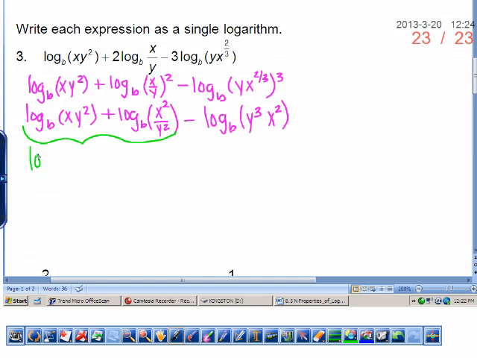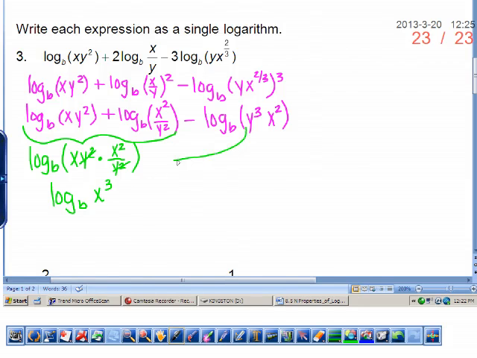So this is going to be log base b of xy squared times x squared over y squared. Can I simplify that argument? Yeah, the y squareds cancel, so what do I have left as my argument? So I have log base b of x cubed.